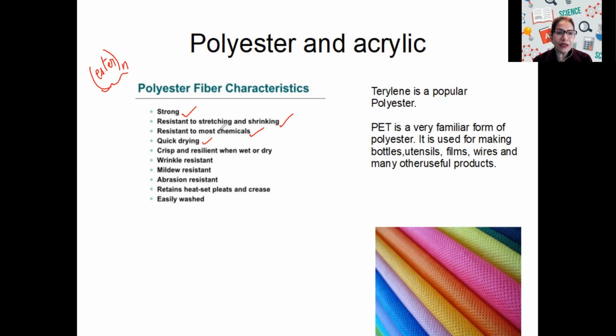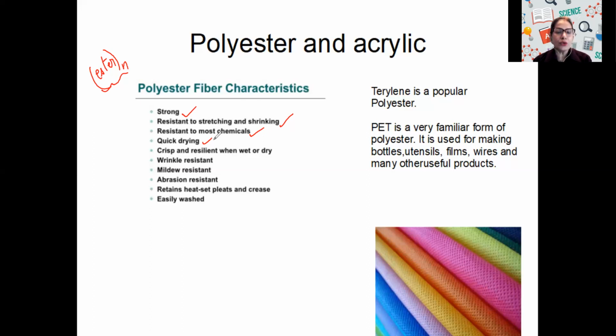We generally use polyester during the rainy season and during winters in places like Jammu and Kashmir, Uttaranchal and Delhi, Agra, where most of the time there is a lot of fog and clothes don't dry up. So they like to wear polyester clothes.